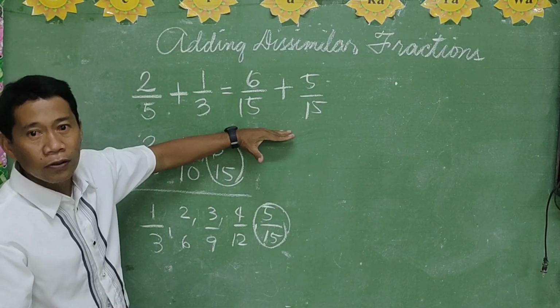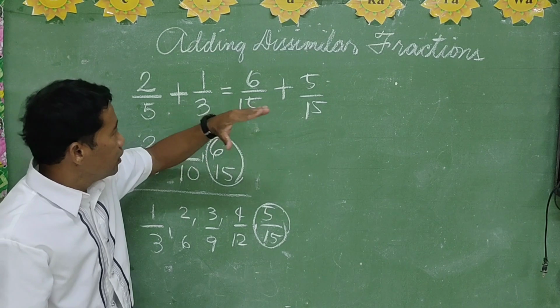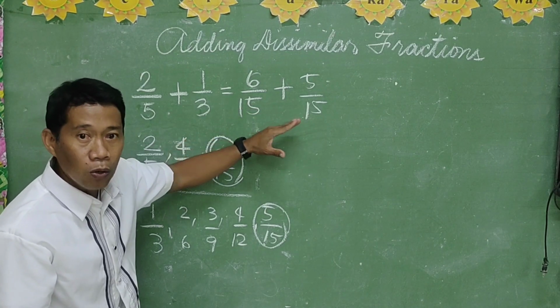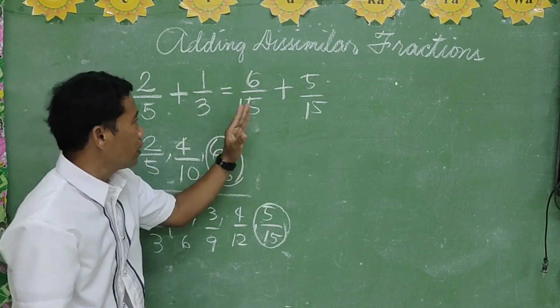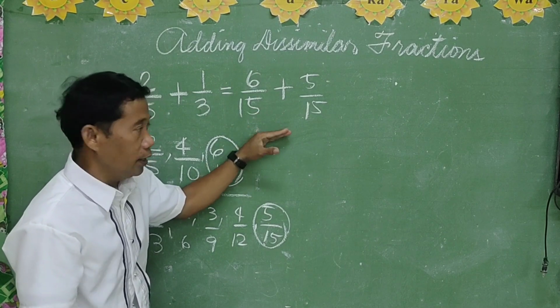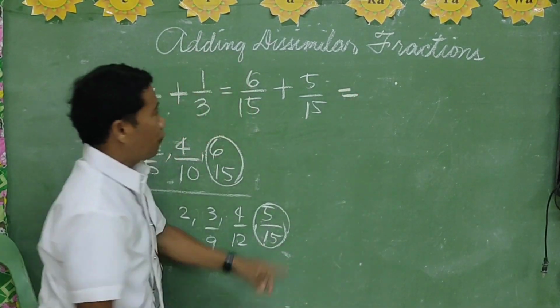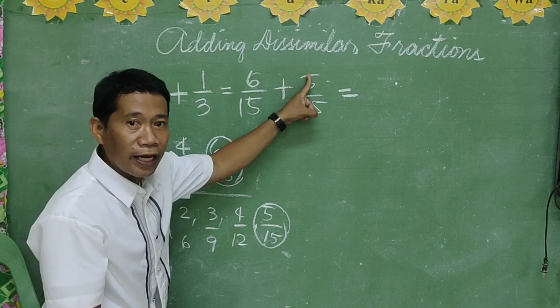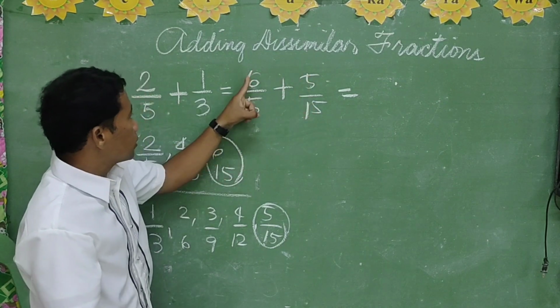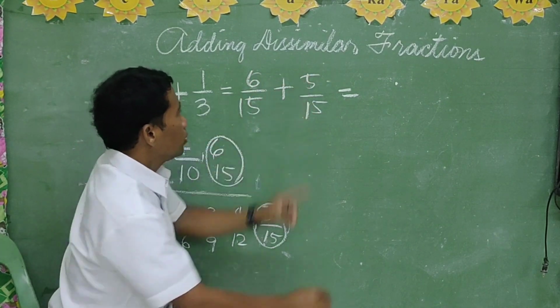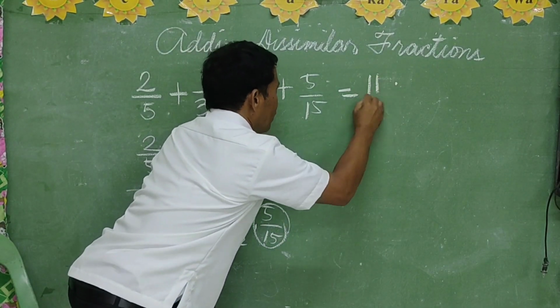What you have observed are denominators. The denominators are both the same. Kung pareho na yung denominator natin, just add the first numerator to the second numerator. 6 plus 5 equals 11.